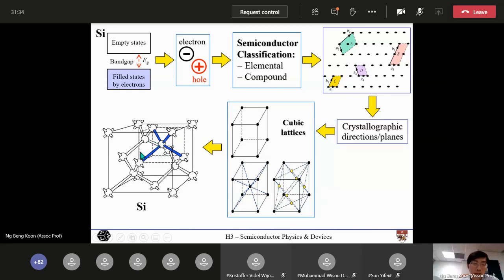That is because in the case of the face center cubic structure, to get the silicon structure, we put not just one atom at the lattice points, but bases of two atoms. You put this pair of two atoms at each lattice point, and you get this silicon unit cell. So that's the basic structure for silicon, and we call this a diamond crystal structure.